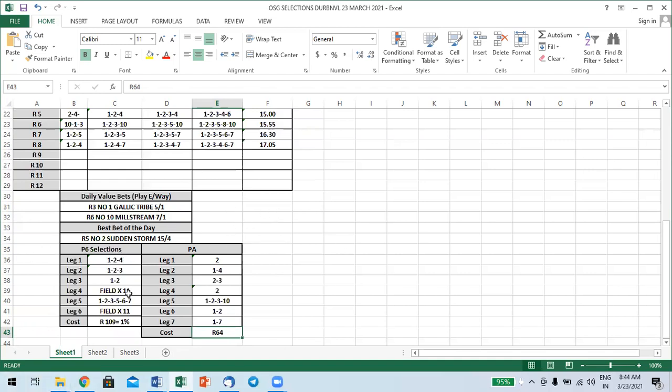Then here's my pick 6, guys. Now I try my pick 6. My children always say, if there was a pick 5, I would have been a millionaire, because I'm always out one leg. Now, what I'm doing is I'm trying to give a pick 6 at 1%, so that you can add on to that, or put some of your own numbers onto that, and it's not going to cost you an arm and a leg.